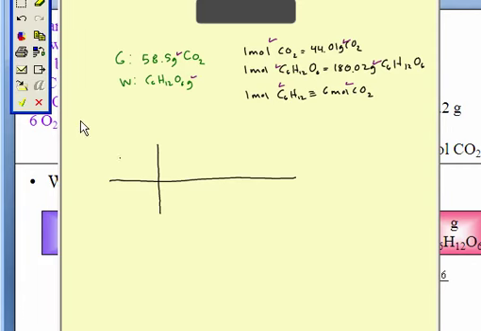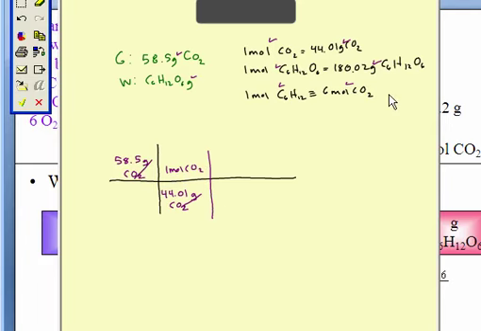I always start out with my given, 58.5 grams of carbon dioxide. Grams of carbon dioxide must go down here, so 44.01 grams of carbon dioxide, and then 1 mole of carbon dioxide at the top. My grams of carbon dioxide cancel out. I have moles of carbon dioxide, so I must have moles of carbon dioxide down here.